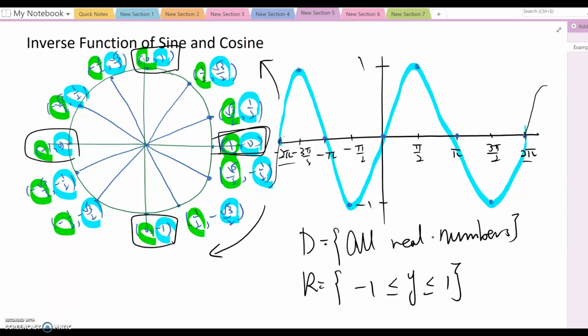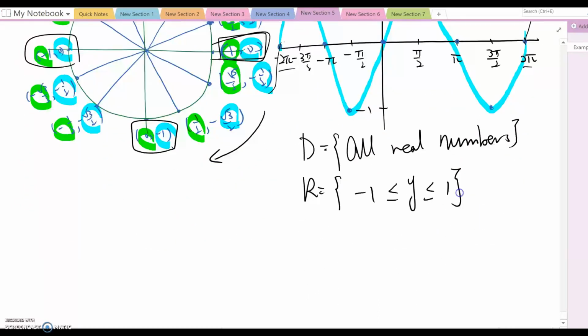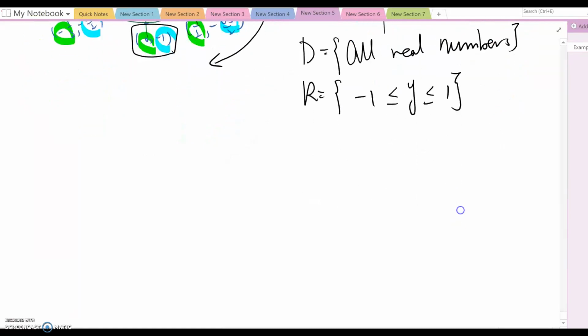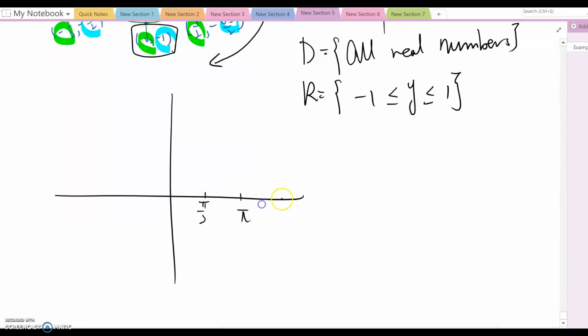Okay. Then let's start drawing the cosine function's graph. I can set up pi over 2, pi, 3 pi over 2, 2 pi, negative side also, negative pi over 2, negative pi, negative 3 pi over 2, and negative 2 pi here.